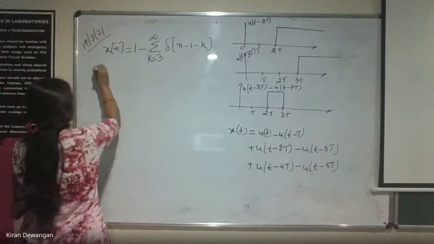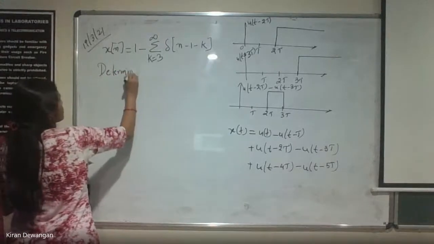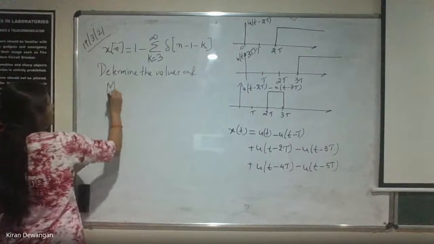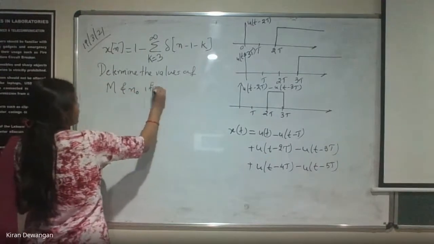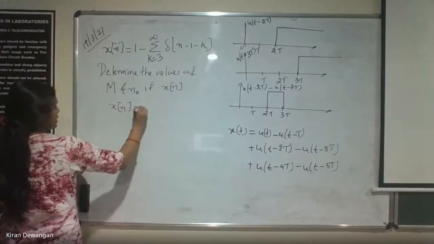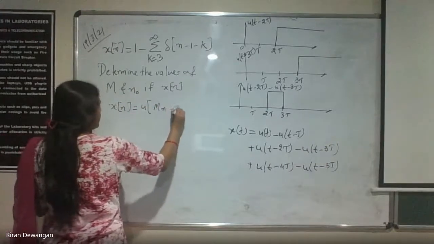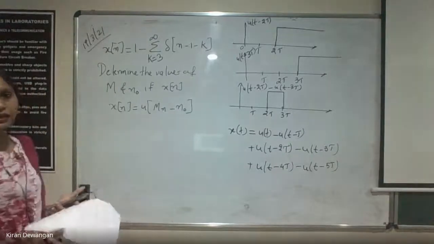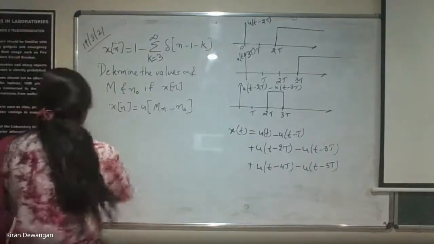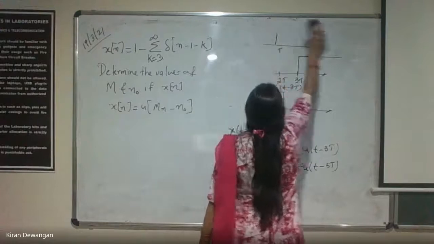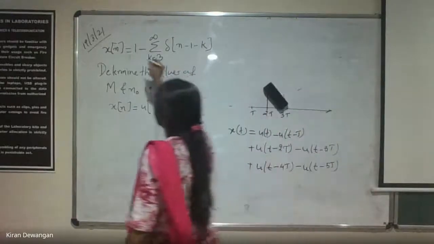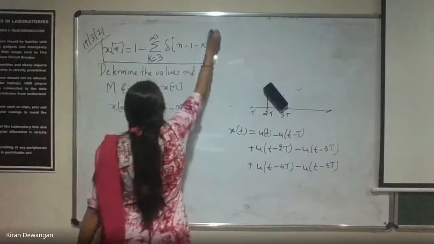We have to determine the values of capital M and n naught if x of n is represented as x of n equals u of n minus... M and n naught की values निकालनी है, where the function is given as this. ठीक है?